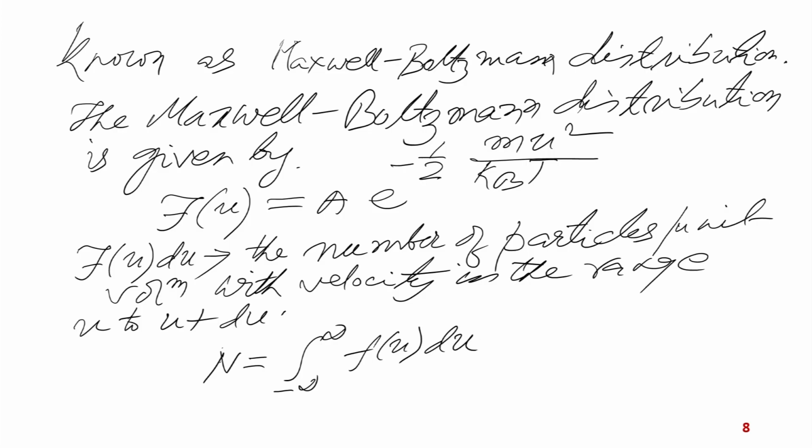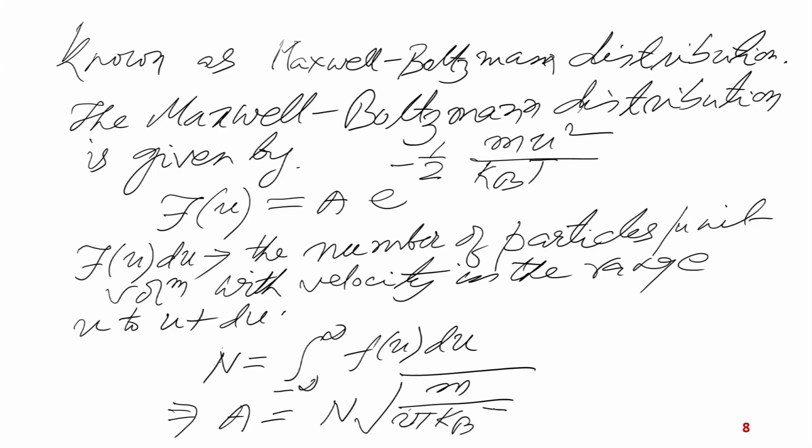I can substitute this here and find that A is equal to n square root of m divided by 2 pi k_B into T.